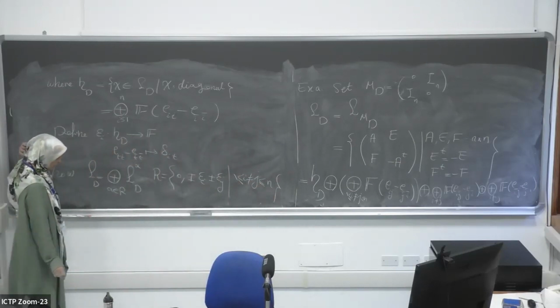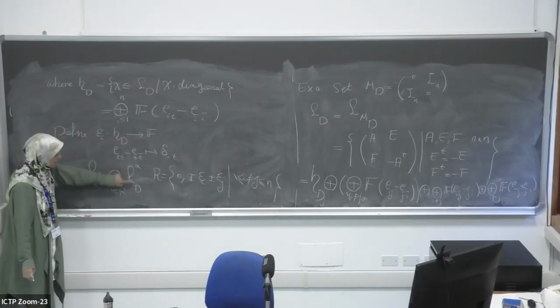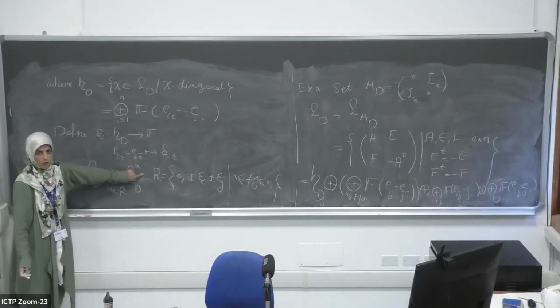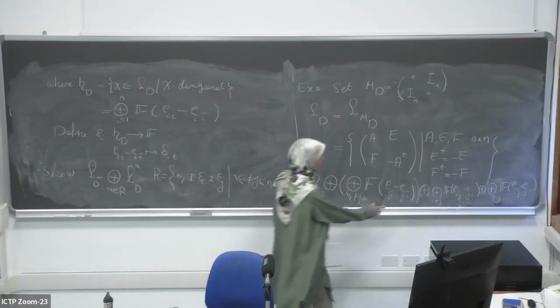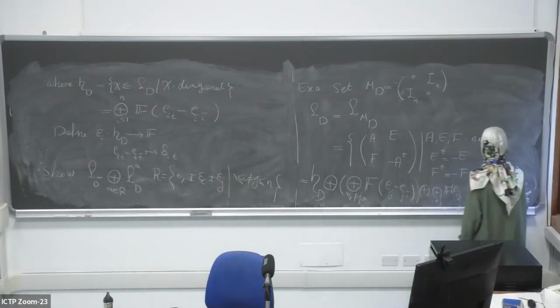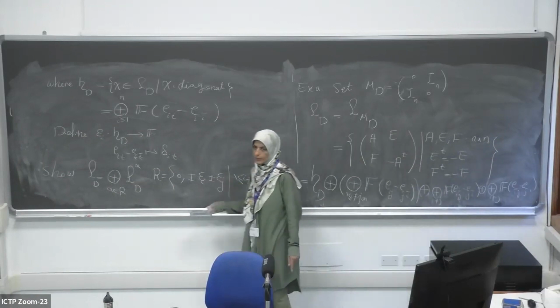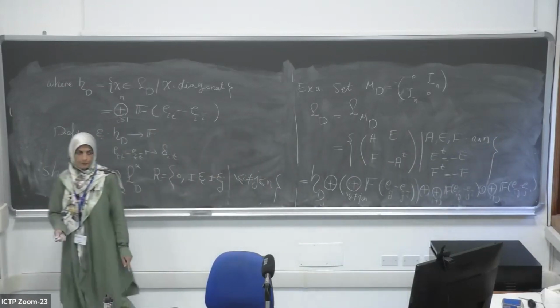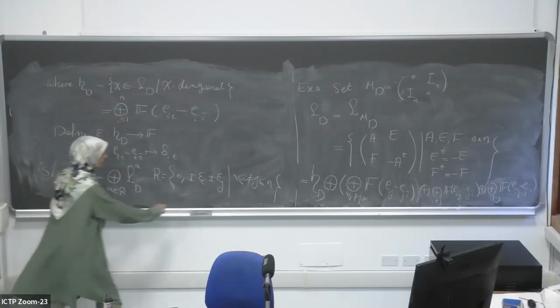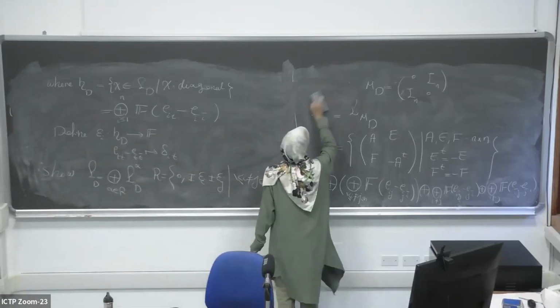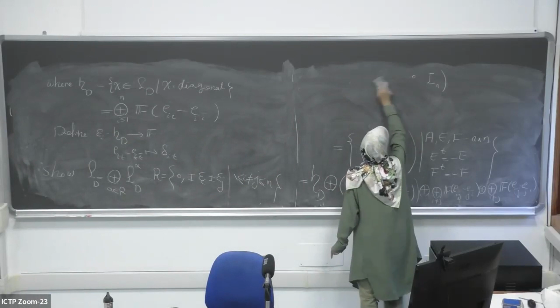And you can guess what, for example, L_D epsilon_i plus epsilon_j is. It is just this part. And for the minus one, we have this part, and this part is for epsilon_i minus epsilon_j. And again, L_D is a simple algebra.